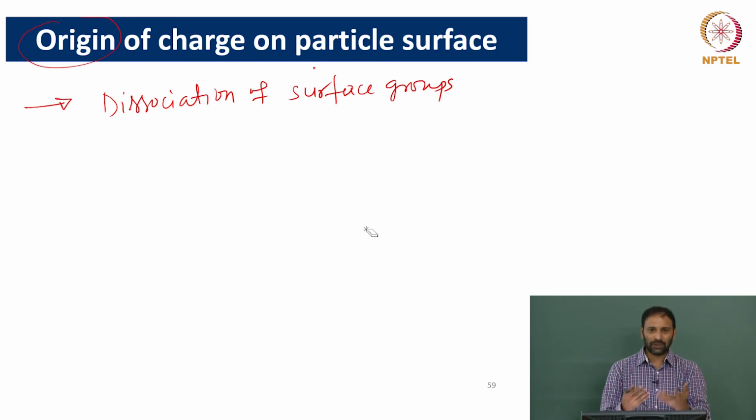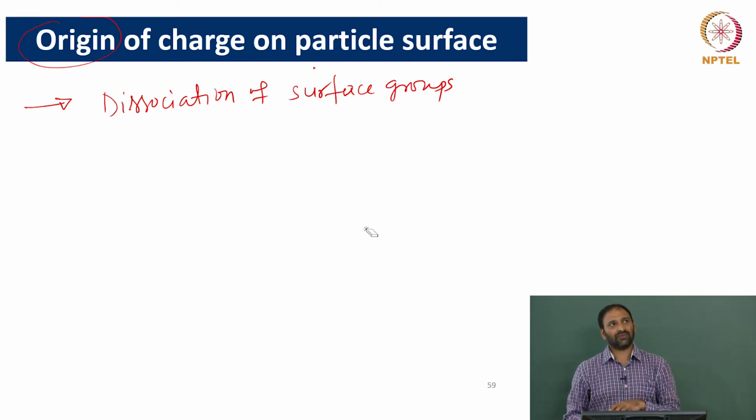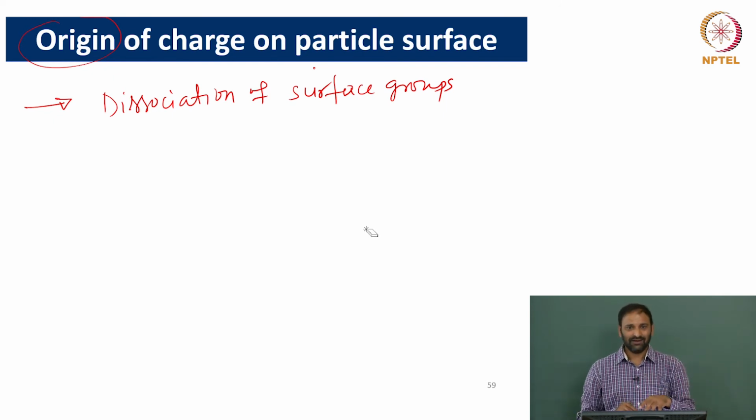Typically we talk about something like that when it comes to molecules, right? When it comes to particles themselves, I don't think people think about polarization. This is shifting of electron clouds, right? There are cases where I can of course polarize the particle, if I put them in an electric field and things like that. Okay, but in pure solutions there are other mechanisms by which the particles can acquire charge.